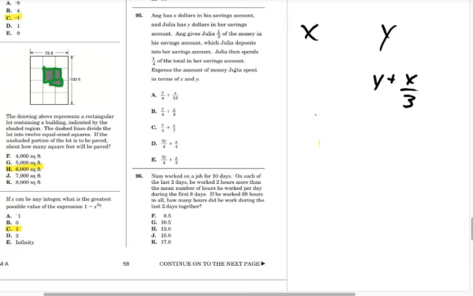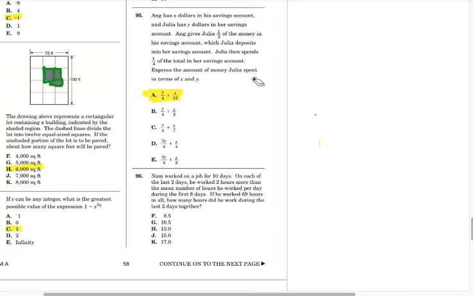And then Julia spends 1/4 of her money. So Y divided by 4, and that's going to be what? X over 12 if you multiply these together, right? So Y over 4 plus X over 12 is what she spent, and we're looking for what she spent. And there it is right there. It's A.